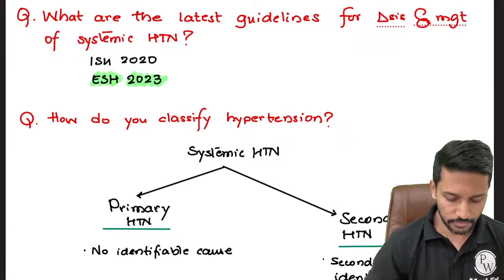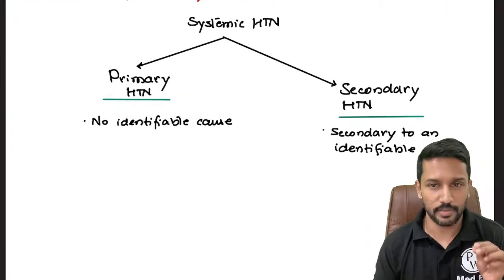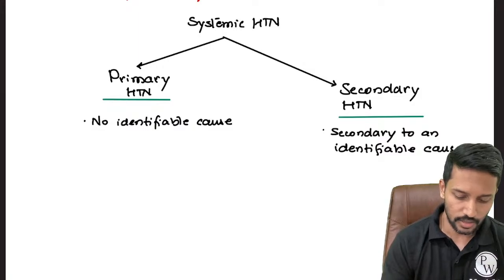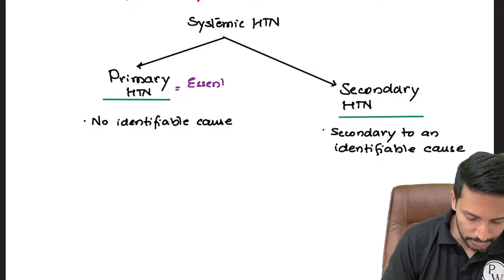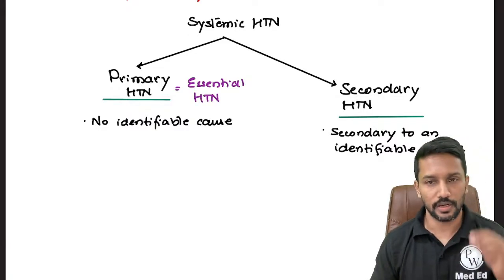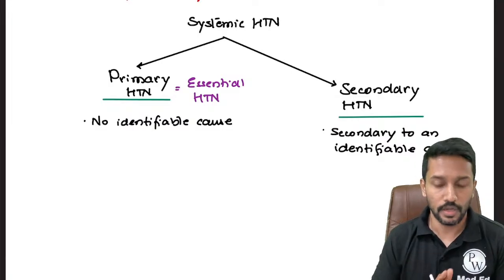We'll begin first by classifying hypertension. As we know, systemic hypertension is classified into primary hypertension, which in our day-to-day conversation we also call essential hypertension, where you have hypertension, that is, your blood pressure above the cutoff, and we do not have any identifiable cause.